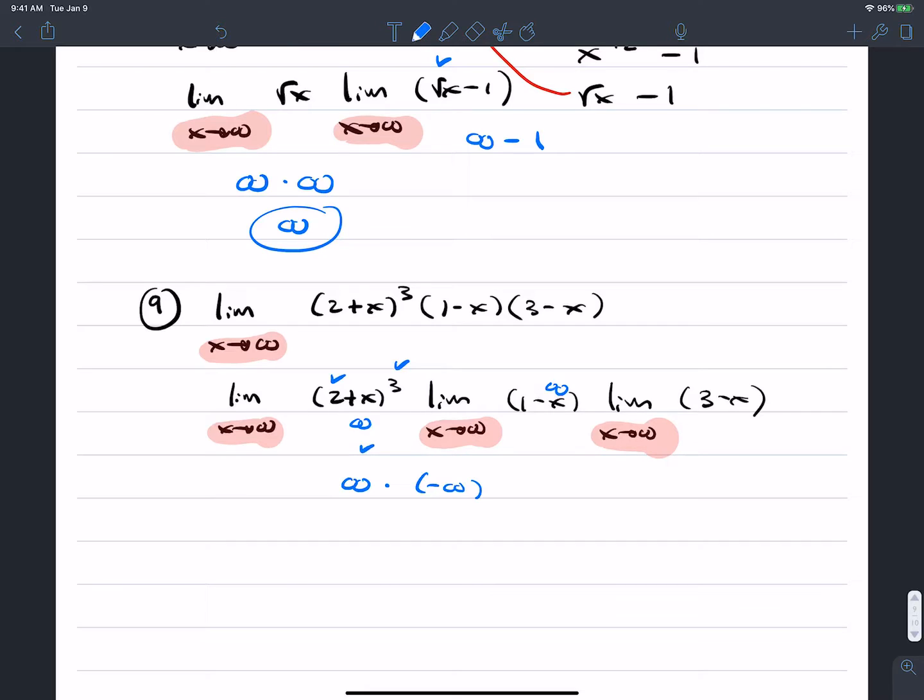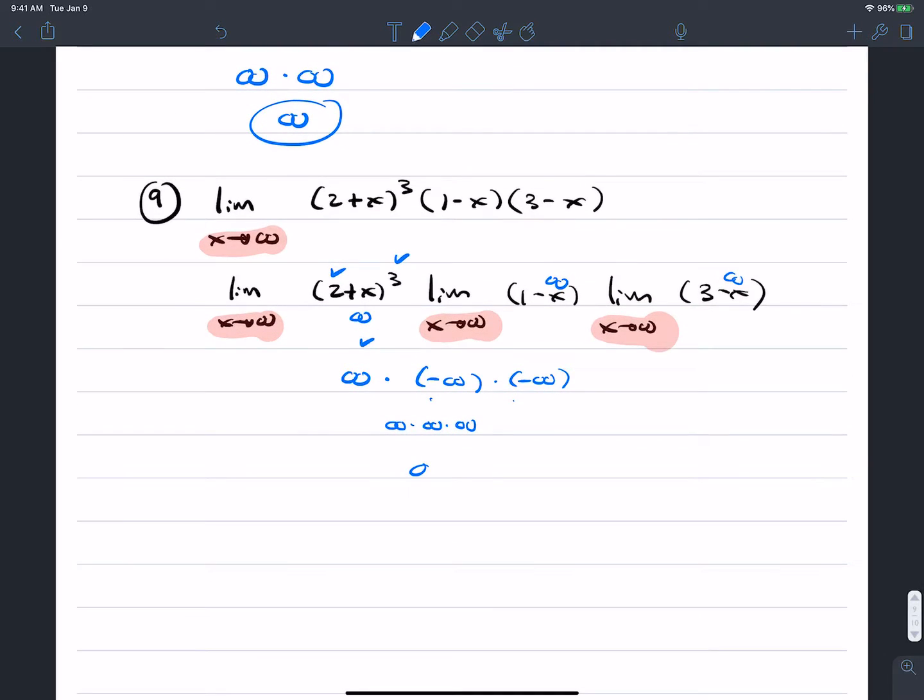And then what about this over here? 3 minus infinity. This is a limit. So 3 minus infinity now, that's still going to be what? Negative infinity. So if I have a negative times a negative, I get a positive. So this is really infinity times infinity times infinity. What do you think that means? We're just getting what? Big.